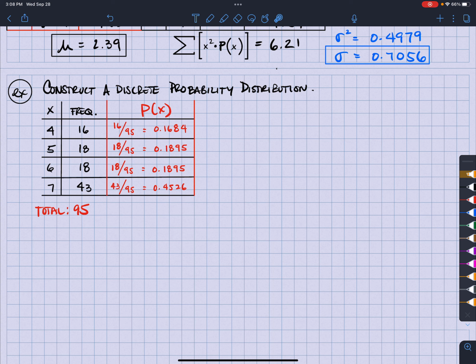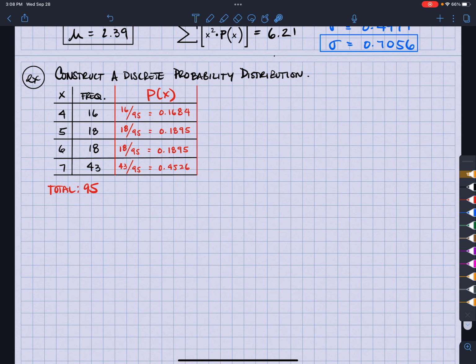It does equal 1. So there we go. That will help you also to check to make sure that you have the right math. And typically we want to go to 4 decimal places.